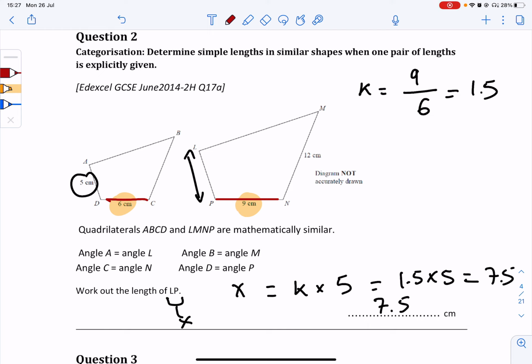And once I get the scale factor, I can just use the mathematical expression that I've written down here, which is basically telling me that x is equal to 5 multiplied by the scale factor we got, or that x is equal to 1.5 times the size of the smaller one. After I do that, I get 7.5, which is the answer to our question.